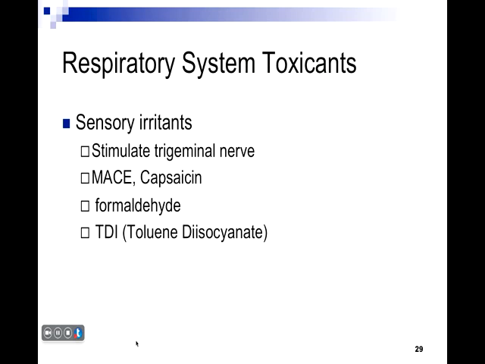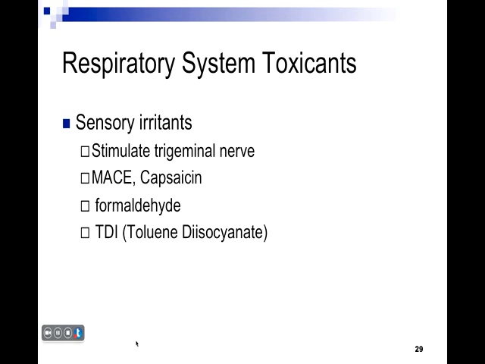In the respiratory system, you can have it affected in several ways. First of all, you can have sensory irritants, and we have a trigeminal nerve, and if you've ever been exposed to hot peppers, if you like to eat hot food, your eyes will water and your face will turn red and your throat will burn. That's from the stimulation of your trigeminal nerve, and a lot of different chemicals can stimulate the trigeminal nerve and lead to upper respiratory issues.